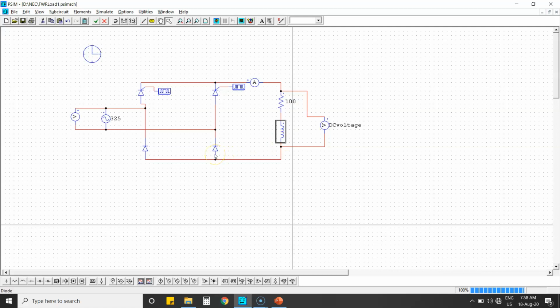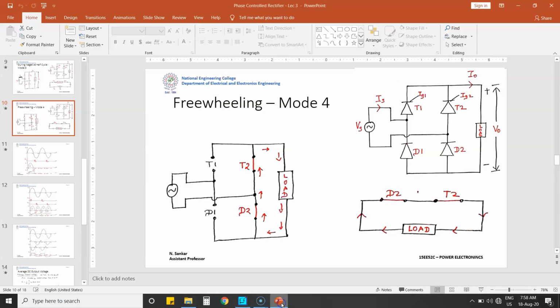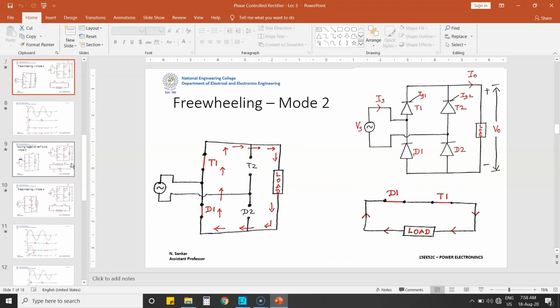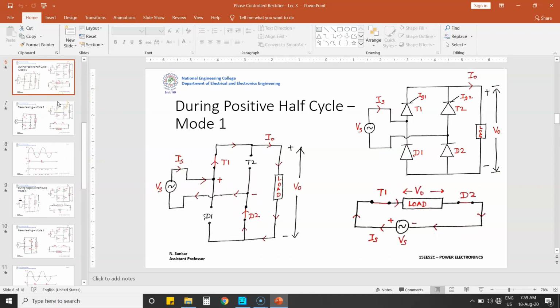Why we didn't get any negative voltages is mainly because of the presence of diodes. I told you that for R load we have 4 modes of operation. Let us go for the first mode, where we trigger thyristor 1. The conduction is from thyristor 1 to load, from there to D2, and from there to your supply.